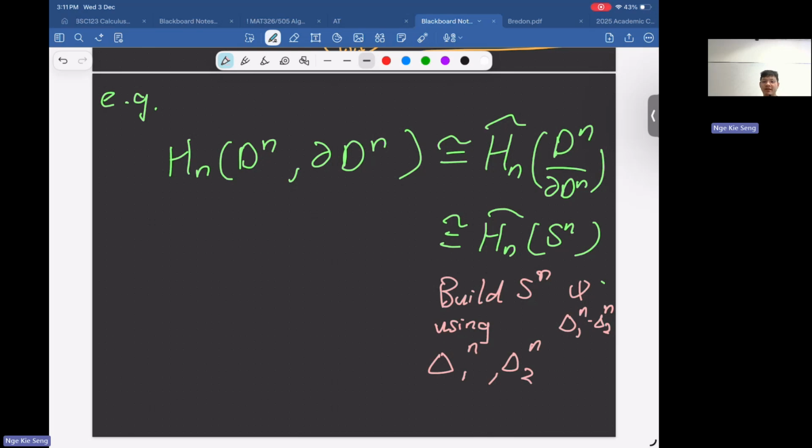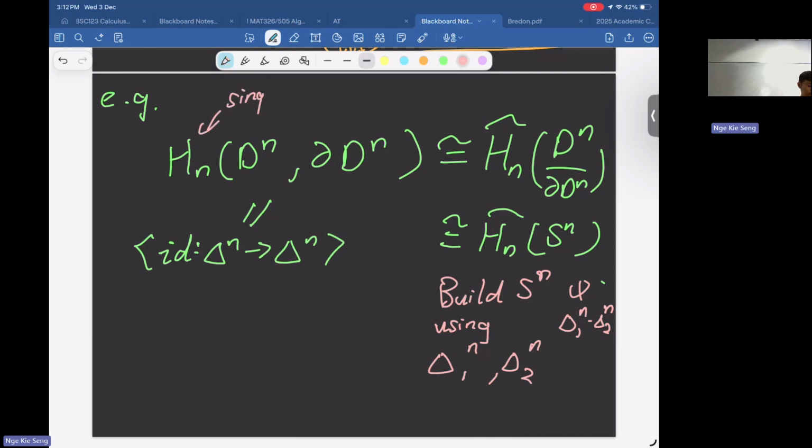But how to prove it? Maybe you need some description from the relative homology. This relative homology here is generated by the identity map. Note that this H here is a singular homology. Maybe you might think it's weird, why don't I put Dn here?